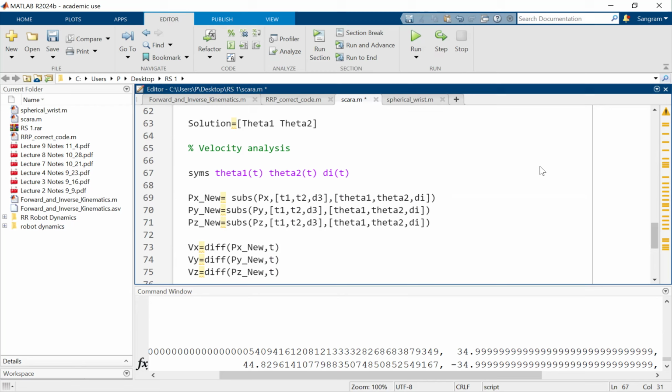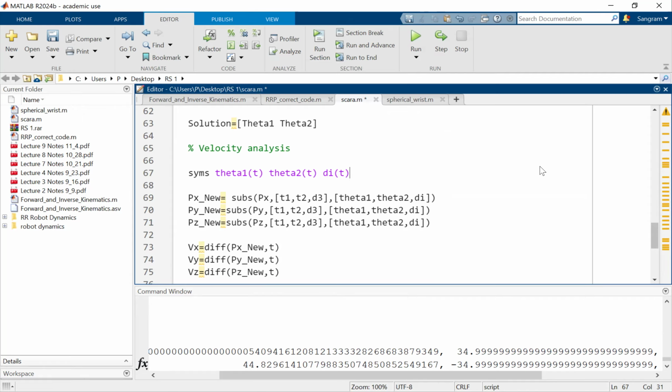However, I need to be clear about what is my dependent variable and what is my independent variable. That's why now I'm defining some symbolic variables, and I want you to notice how I define them.